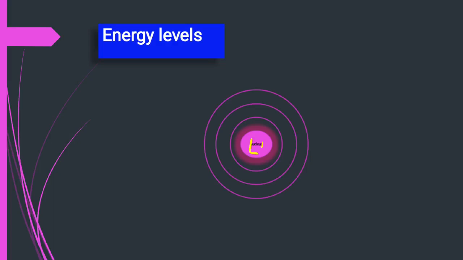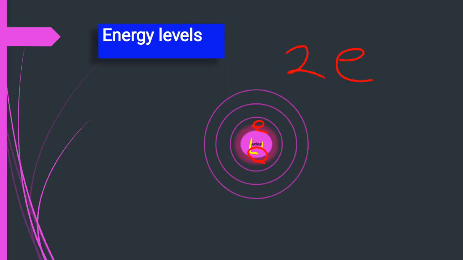How do we draw 3 electrons in lithium? We will have the first electron here and the second electron here. Both of these electrons are in the first energy level. Why? Because the first energy level for any atom can only accommodate a maximum of 2 electrons.